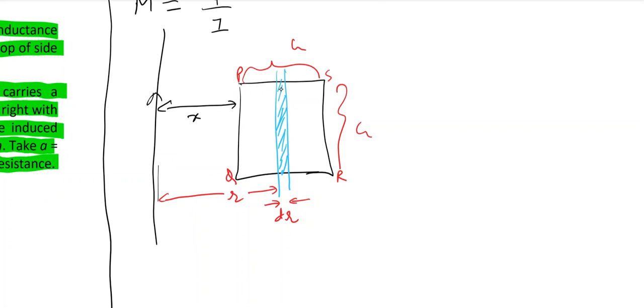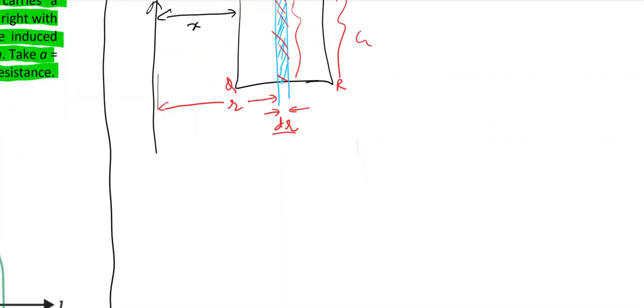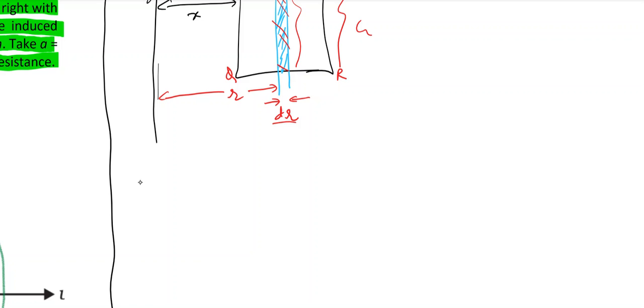So how much is the area of this thin part? It is a multiplied by dr. Let us first find the flux linked with the thin strip, d phi, that is B into A. What is B? Mu 0 I by 2 pi r. And the area is a dr.